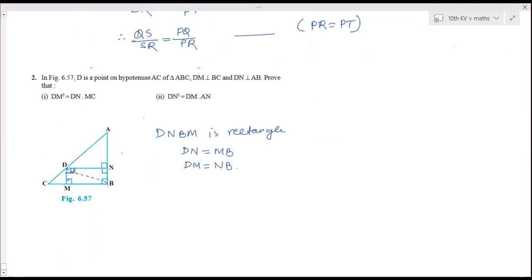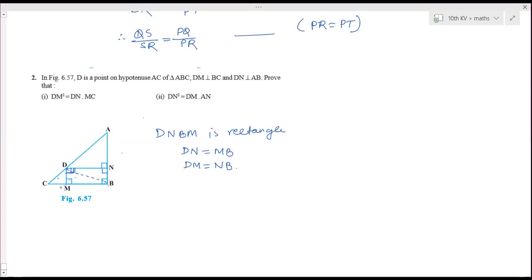Now after that, DM is perpendicular, so DM square, DN is equal to MB, so DN we have to show. And this is 90 degrees. So we have to prove these two triangles similar, DMC and DMB.